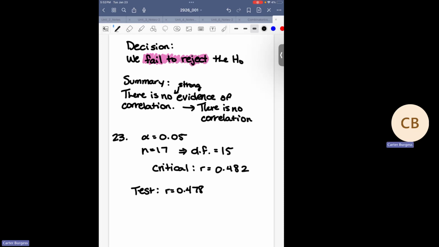So actually very, very close. These are not all that different. And for an alpha value that was maybe a little bit less stringent than 5%, maybe we would have enough evidence to suggest that what we see is a correlation. But again, notice that this test value is weaker than our critical value. And so we would again fail to reject.